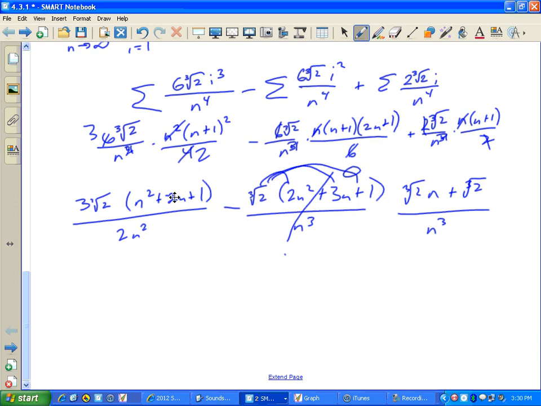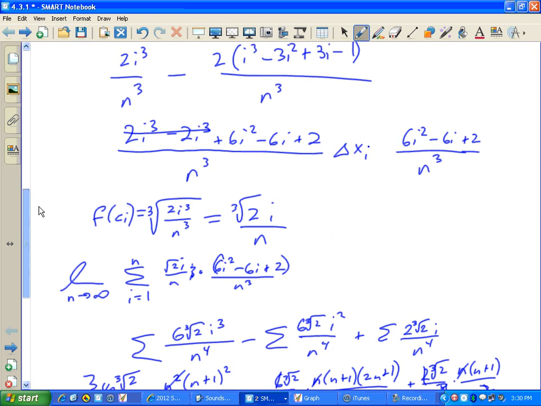This part of it will go to 0, and this part will go to 0. These will cancel and leave just this fraction. And here, both of these will go to 0. So as I take the limit, I end up with just this piece, and that's the area that I have underneath the curve.